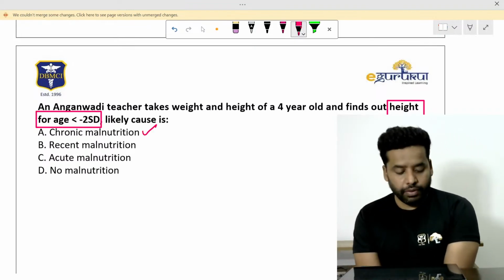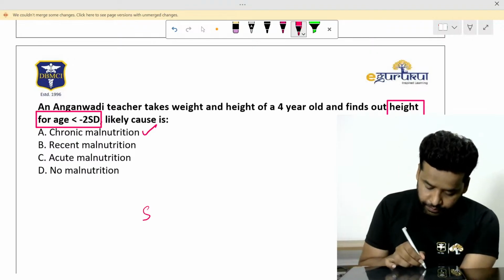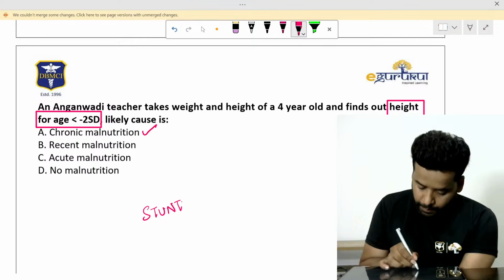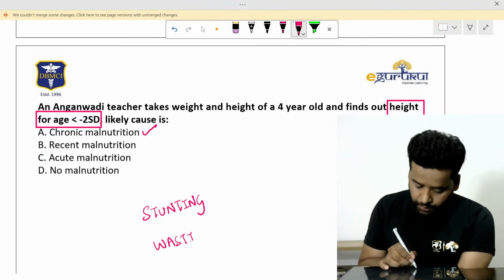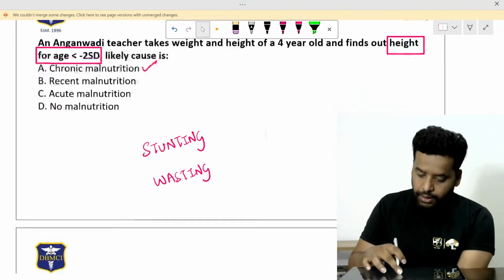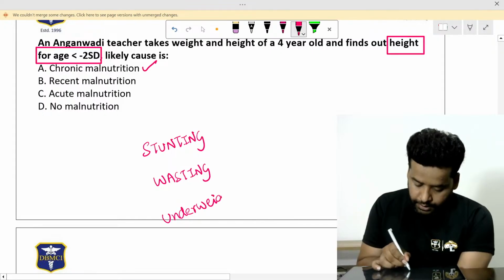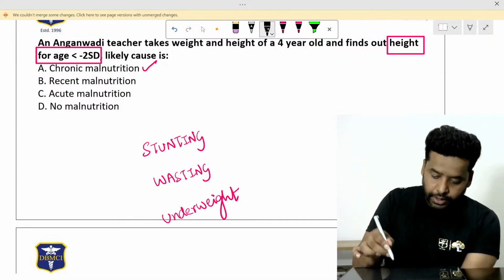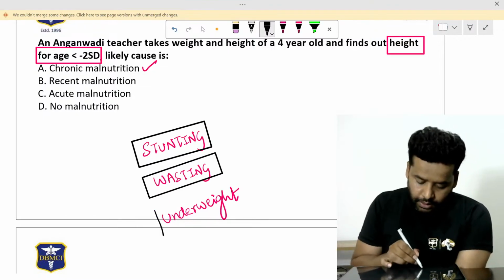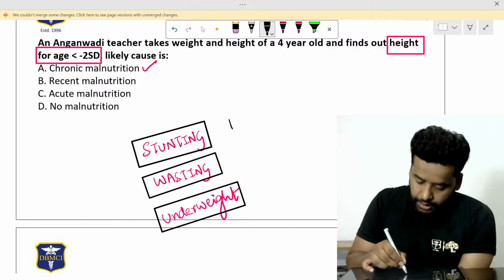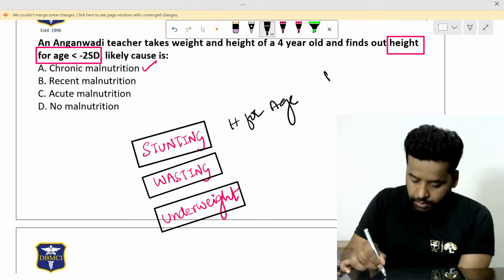Stunting. It is going in favor of chronic malnutrition. So: stunting, wasting and underweight. Stunting is height for age, indicating chronic malnutrition.